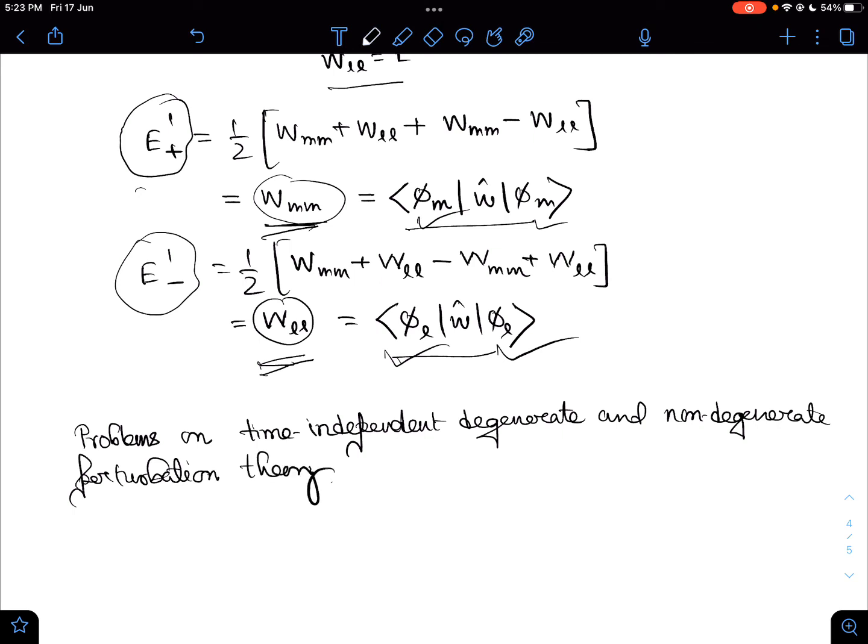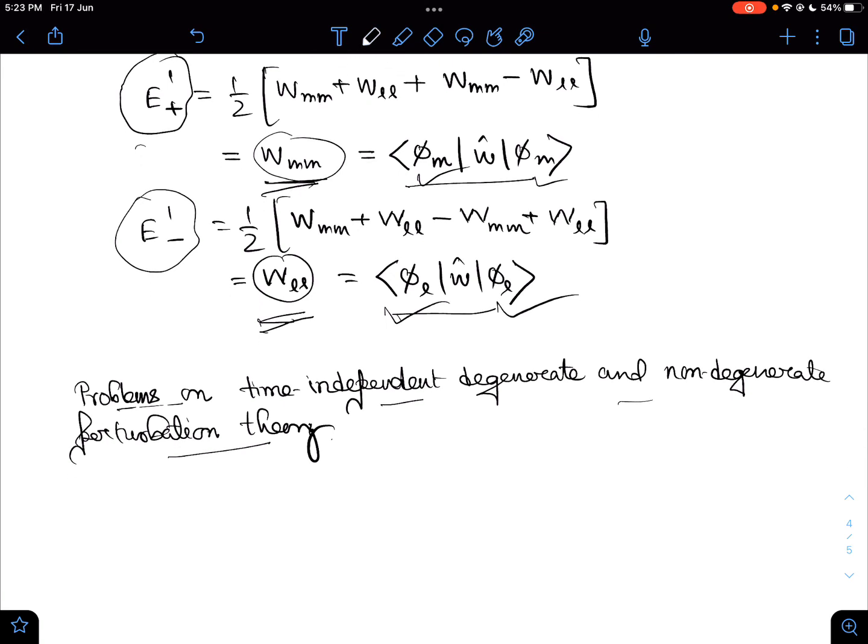From next video, we will solve some problems on time independent, degenerate and non-degenerate perturbation theory. And after we are done with some problems, we proceed with our time dependent perturbation theory.